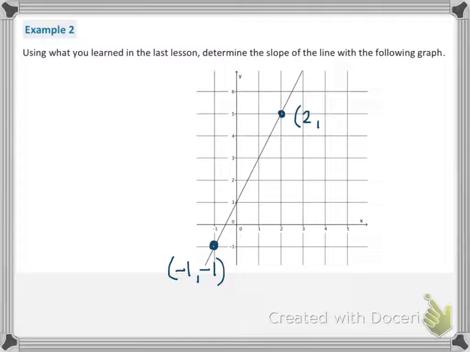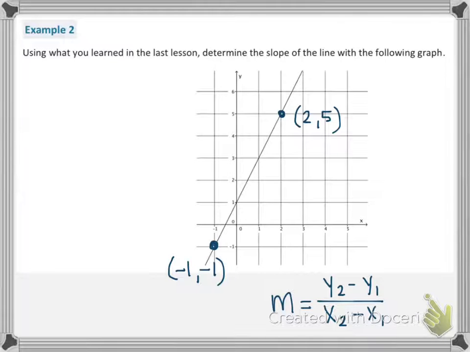Because both of these points are on the same line, I can calculate the slope with any points on the same line. I'll get the same slope. So again, slope equals my second y minus my first y, the change in y, over the change in x, which is my second x minus my first x.